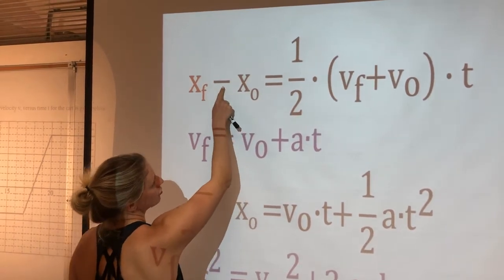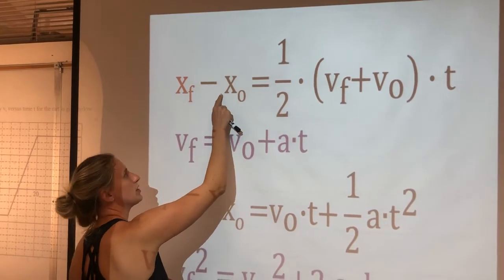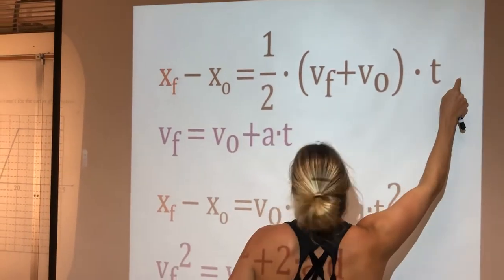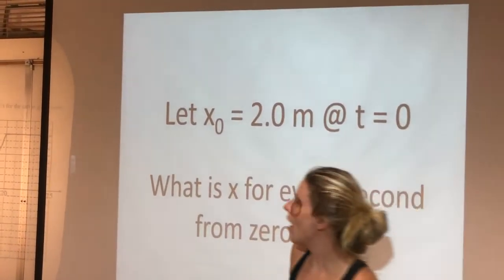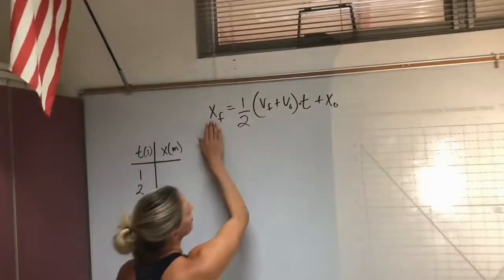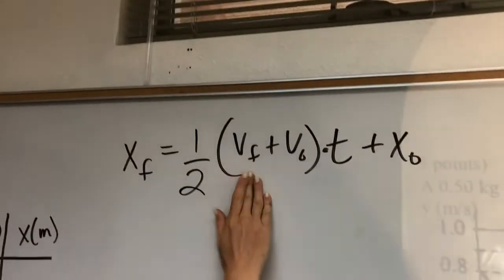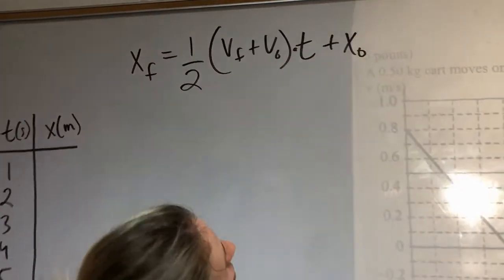Right now we have subtraction. If we want to get rid of it, we have to do the opposite of subtraction. So we're going to add x initial over here on this side. It's going to give us an equation that looks like this. So x final equals 1/2 velocity final plus velocity initial times time plus initial position.